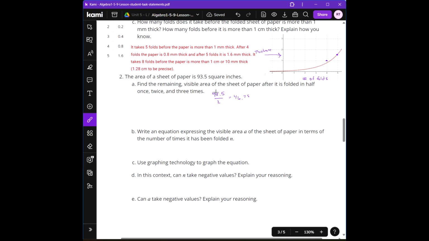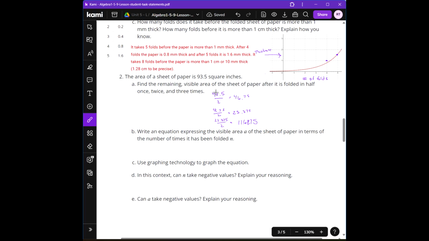Then we do the same thing: take 46.75 and divide it by 2, which gives us 23.375. Then we take 23.375 and divide by 2, and this will give us 11.6875. And so that's going to be the remaining visible area.